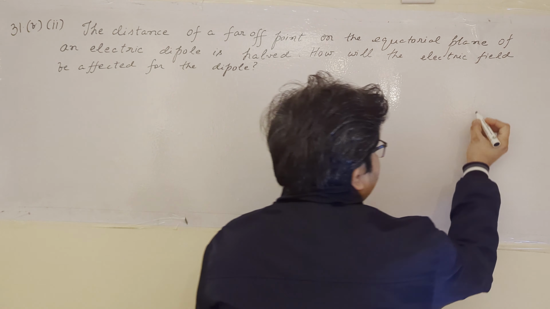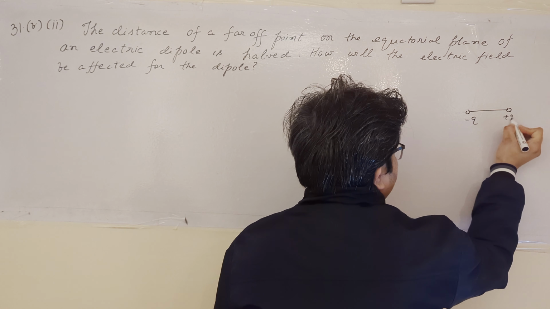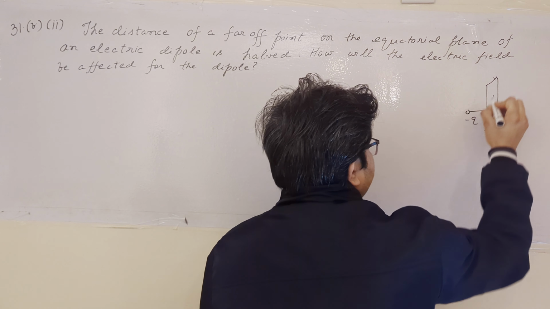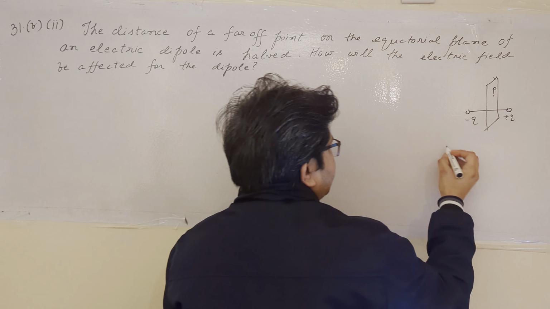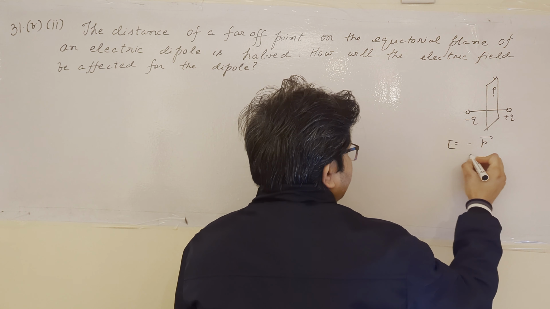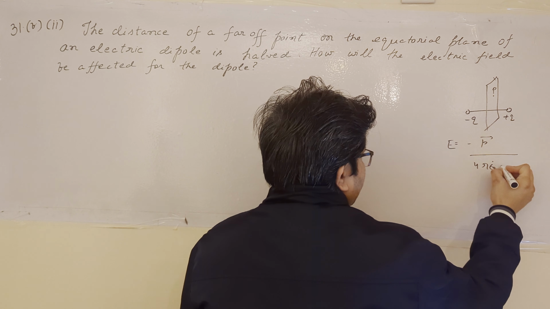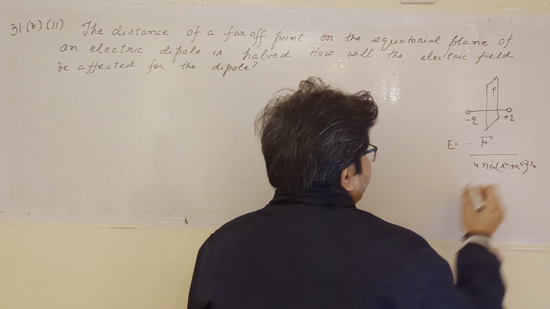So in the equatorial plane, suppose this is the dipole having the negative as well as positive charge. On the equatorial plane, there is any point, for example point P, then the electric field is given by the formula E equals minus p upon 4 pi epsilon naught (r square plus a square) to the whole power 3 by 2.